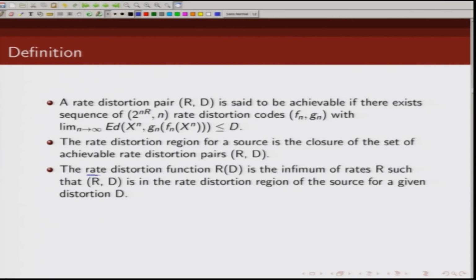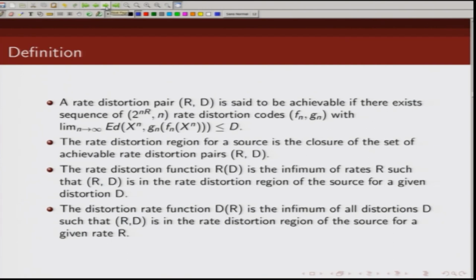And we define a rate distortion function as the infimum of all rates such that this rate distortion pair is in the rate distortion region of the source for a given distortion. Similarly, we can also define the distortion rate function. This distortion rate function is defined as the infimum of all distortions D such that this pair, rate and distortion, is in the rate distortion region of the source for a given rate R.